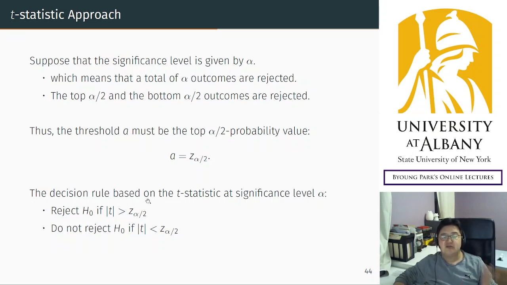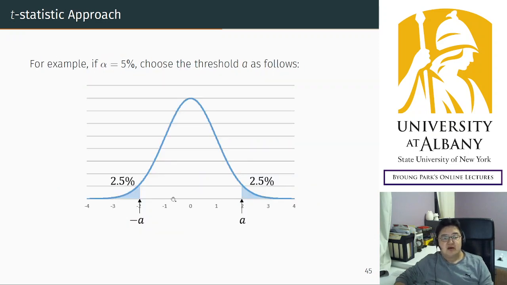And finally, the decision rule for the t-statistic is like this. If the standardized difference is greater than Z alpha over 2 in absolute value, then you are going to reject the null hypothesis. Otherwise, not. Graphically, on the graph, it's simple. This is the standard normal distribution, bell curve, and we are going to reject 5%, for example.